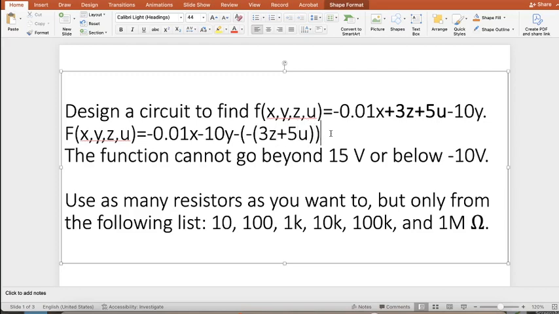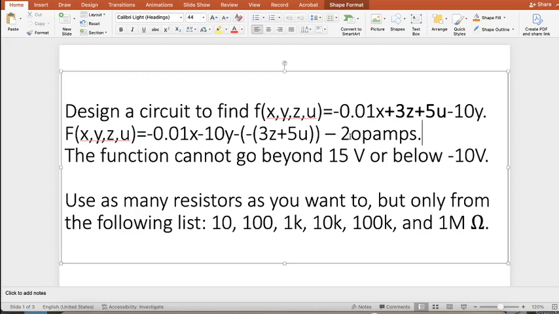Hopefully everybody remembers that minus minus equals a plus. So this means that I could make 3z 5u into a summing amplifier themselves, and then put that into a summing amplifier. And I would have all these done with just 2 op amps.